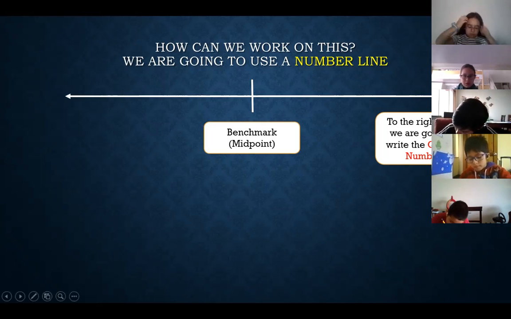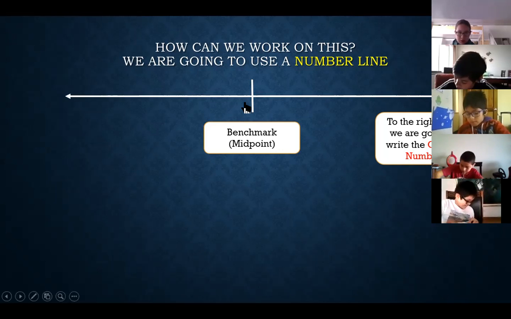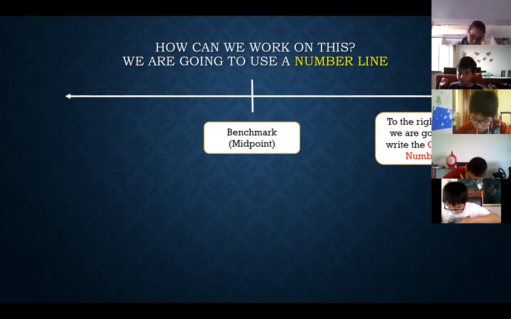In the middle I'm going to write my benchmark. It's going to be half of that, which will be 450. That's the way we are going to be working.